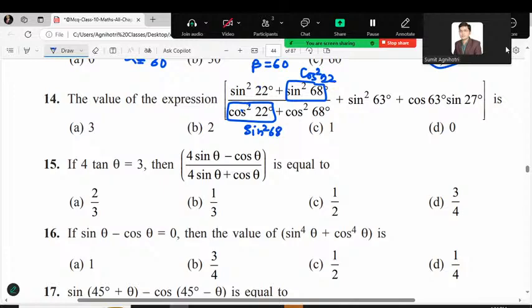Above it is sine square theta plus cos square theta, that becomes 1. Below it is sine square theta plus cos square theta, that becomes 1. Here sine 27 can be written as cos 90 minus 27, which is cos 63. That is why it is sine square theta plus cos square theta, which is again 1. 1 plus 1 is 2. That's why your answer is 2.